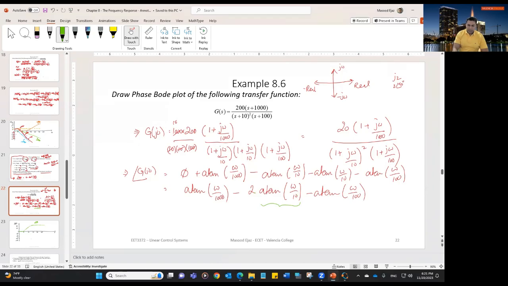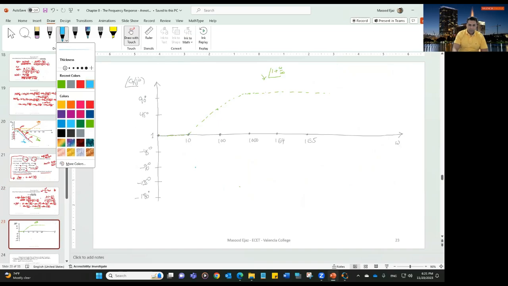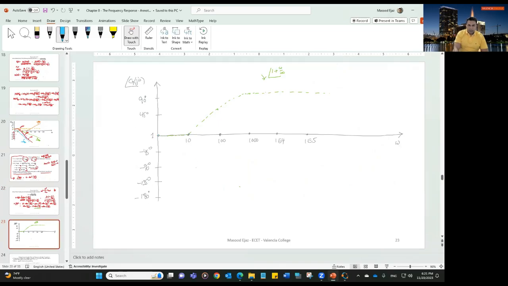And we have -2. So when we do -2, 2 times 45 will be 90, and 2 times 90 will be 180. So the phase is going to go from 0 to 180. And at omega equal to 10 radian per second, it's going to be 90 degrees. And of course, we have the negative sign, so all the angles will be negative. So at 10 is going to be -90. At 100, it's going to be -180.